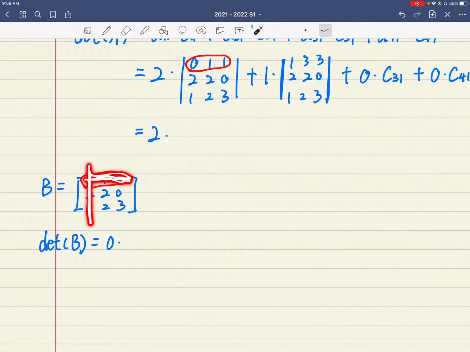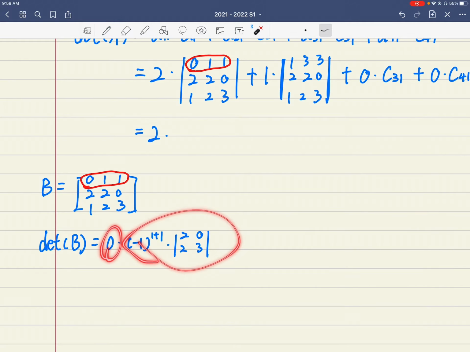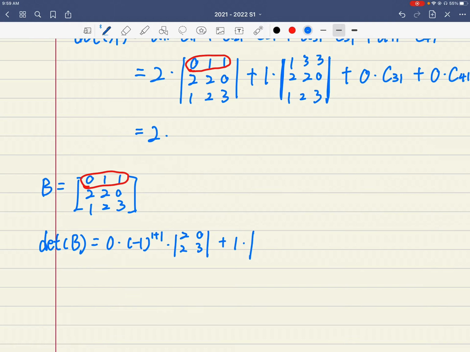You delete the first row and the first column of B, so it's -1 to the power of 1 plus 1 times the determinant of [2, 0; 2, 3]. You don't even have to write this down because you already know this is 0, so whatever this part is, the product must be 0. Plus 1 times B's cofactor matrix 1,2 entry.